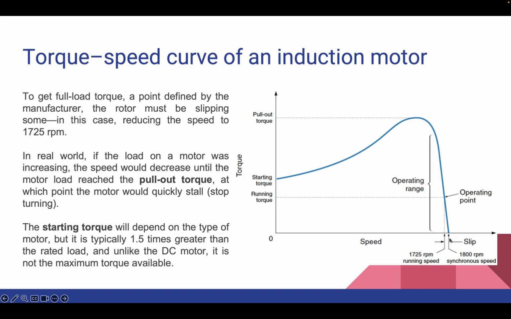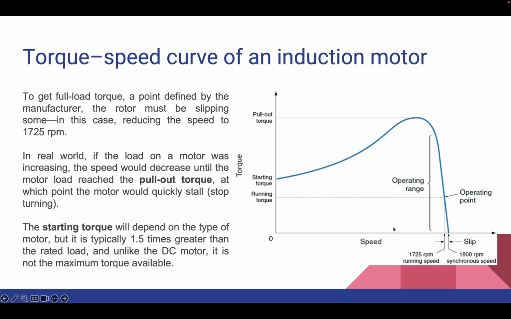However, at a certain point, which is called the pull-out torque, as you can see here, the torque drops off sharply, even though the speed is still decreasing.